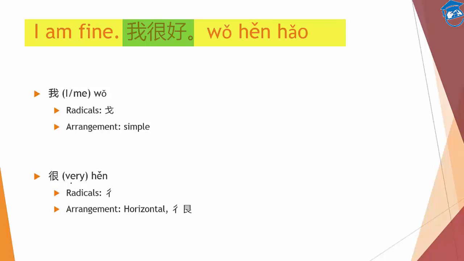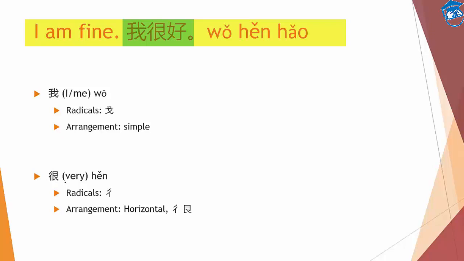So we don't say I am fine because we don't include verb to be when we are using an adjective for a noun. I will explain this in the future. For now, I'm just gonna explain what this word is.